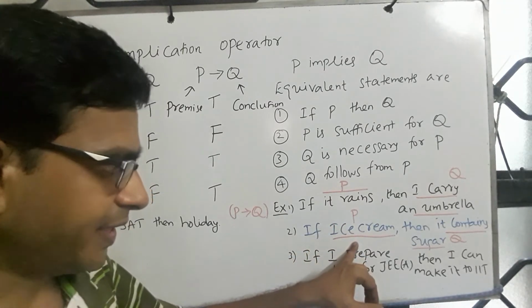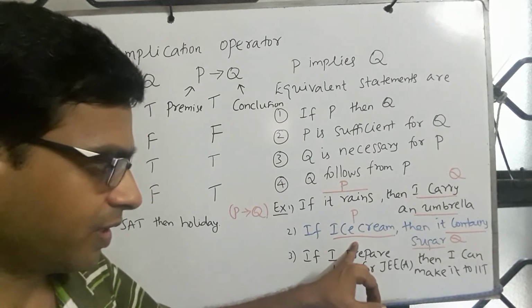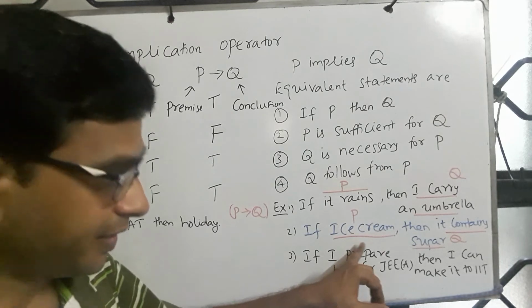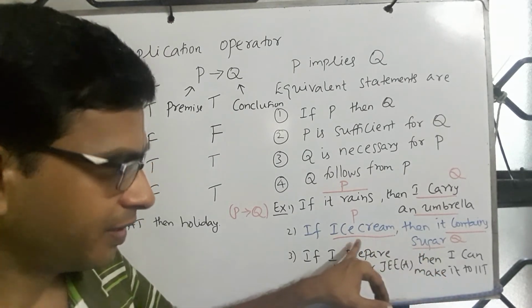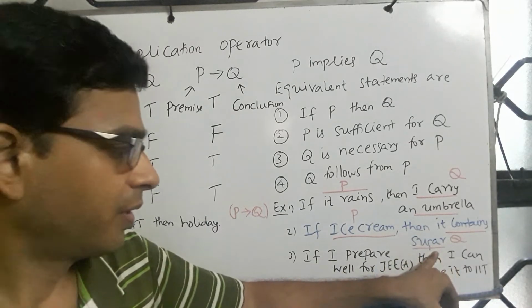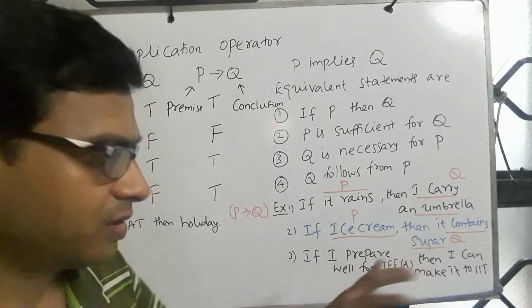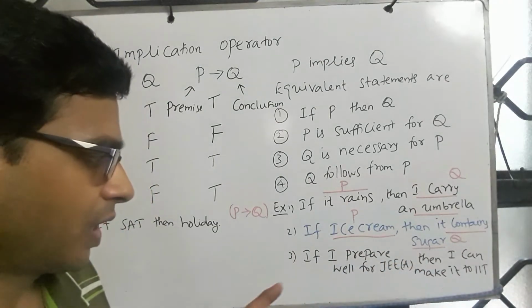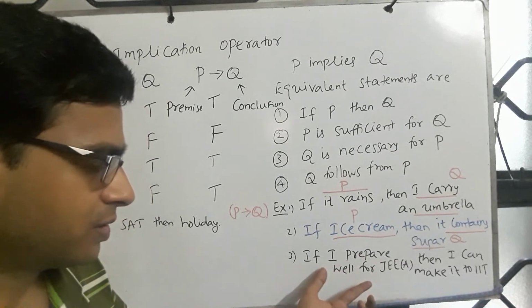The premise is you look at an item, it is not even ice cream, it is something else. Maybe a jaggery or Mysore pak, it may still contain sugar. Or you may look at some savory, it may not contain sugar. But the statement that it is ice cream implies sugar is always true. And I prepare well for JEE Advanced is false.